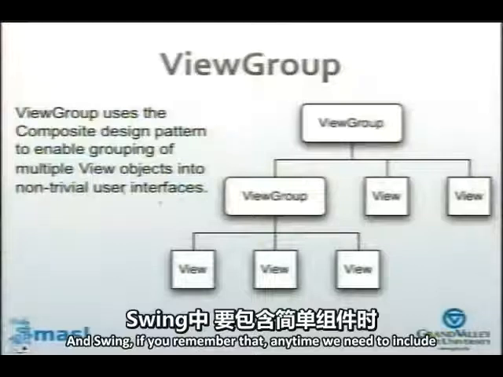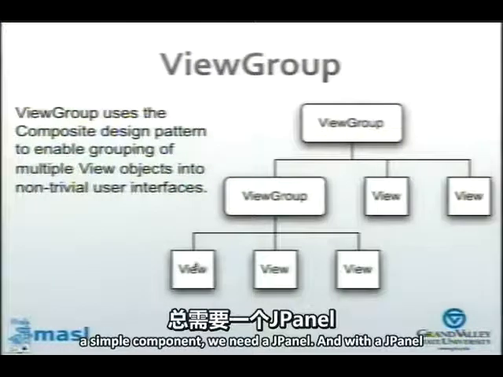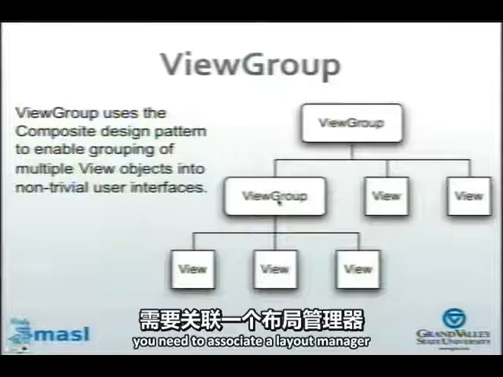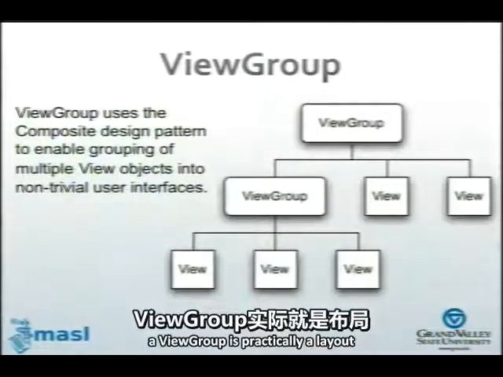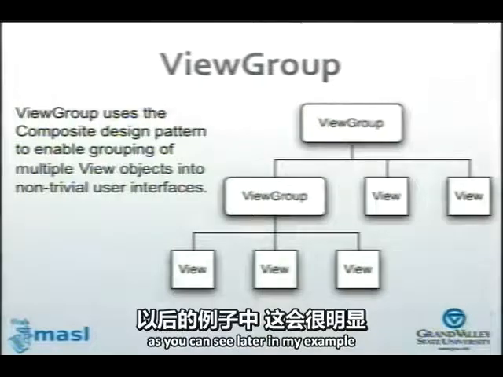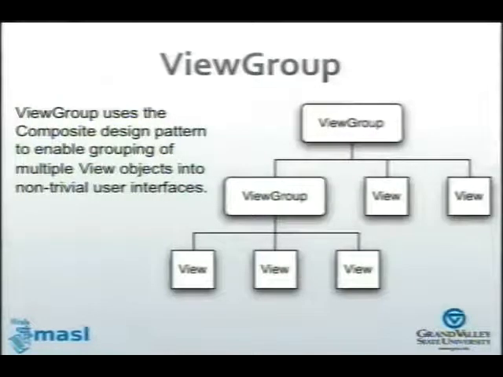In Swing, if you remember, anytime we need to include simpler components, we need a JPanel, and with a JPanel, you need to associate a layout manager. But in Android, you don't have to set up a layout manager because a view group is practically a layout, as you can see later in my example.